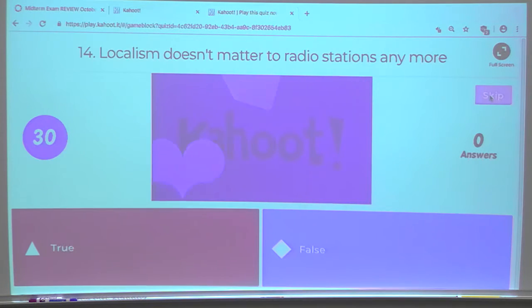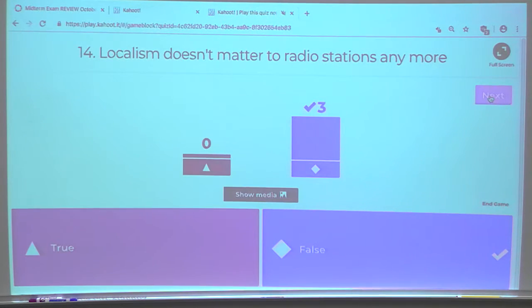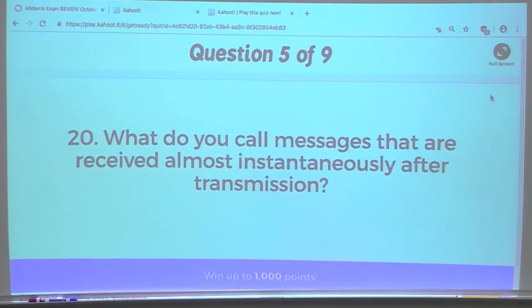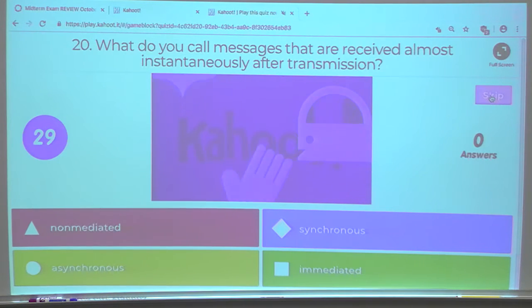Localism doesn't matter to radio stations anymore. True or false? Okay, great. Everyone got that. So radio really has localism as one of its key strengths, which helps it compete against other forms of music online. What do you call messages that are received almost instantaneously after transmission?